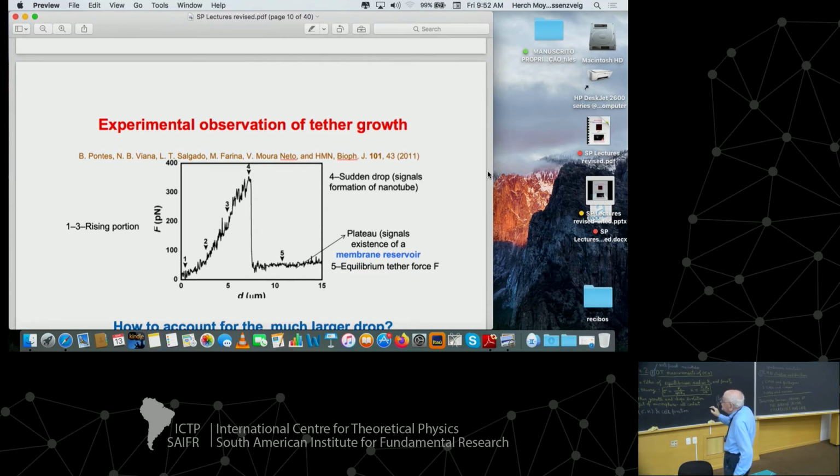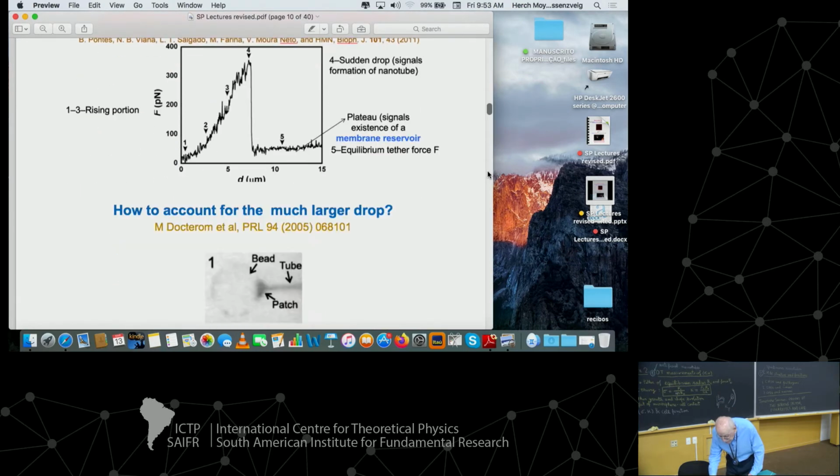And you see that it keeps rising, the force, but instead of having this slight 13% overshoot, there is a complete, very sharp drop to the plateau. The plateau is the effect, and so here you are at the equilibrium force. Now, why does this happen? Why is the drop so sharp?